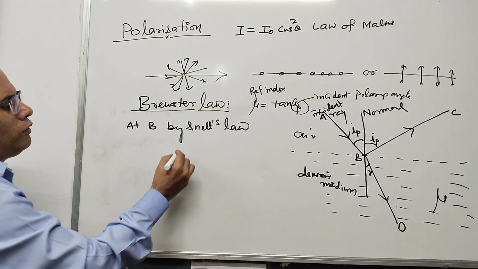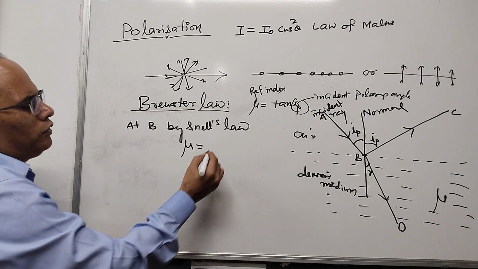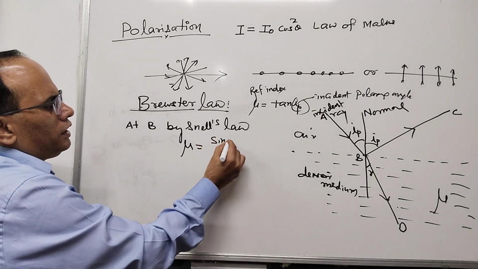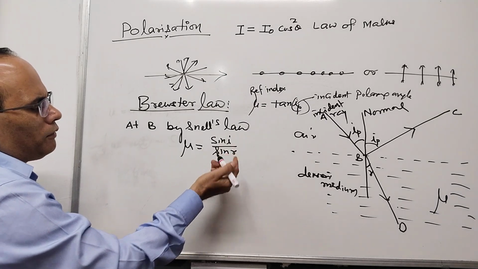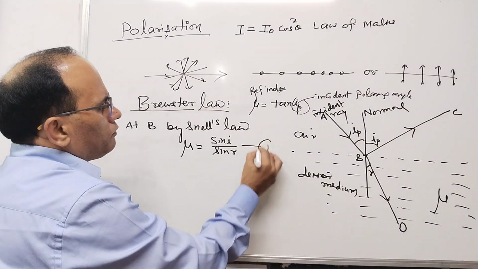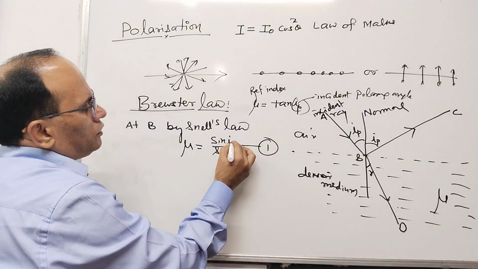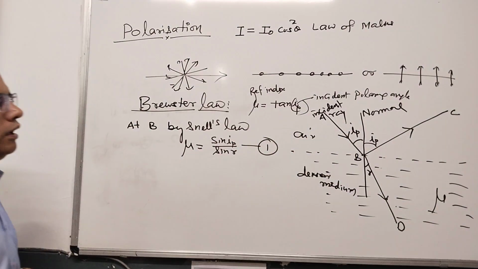So mu equals sine I upon sine R. This is a very common formula, Snell's law. You can call this equation number 1. I becomes IP, because IP is this angle, IR is this angle.